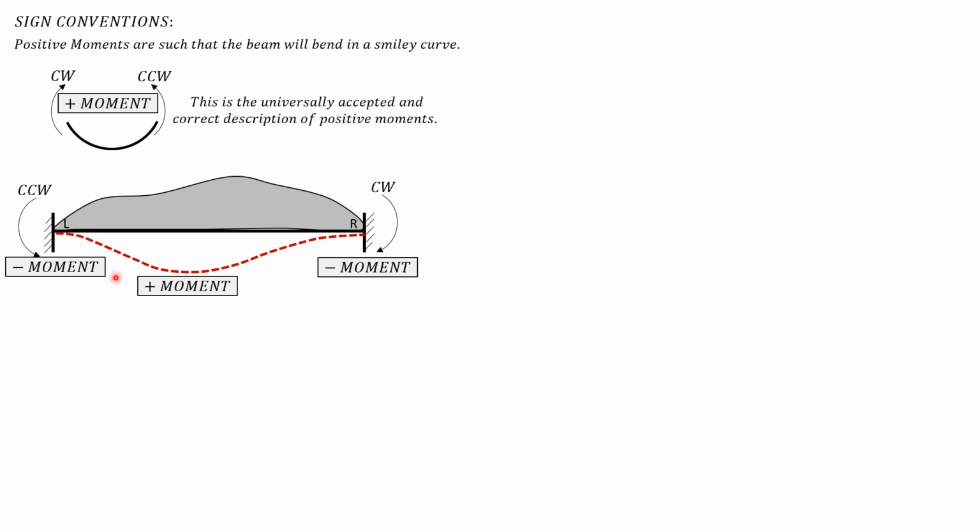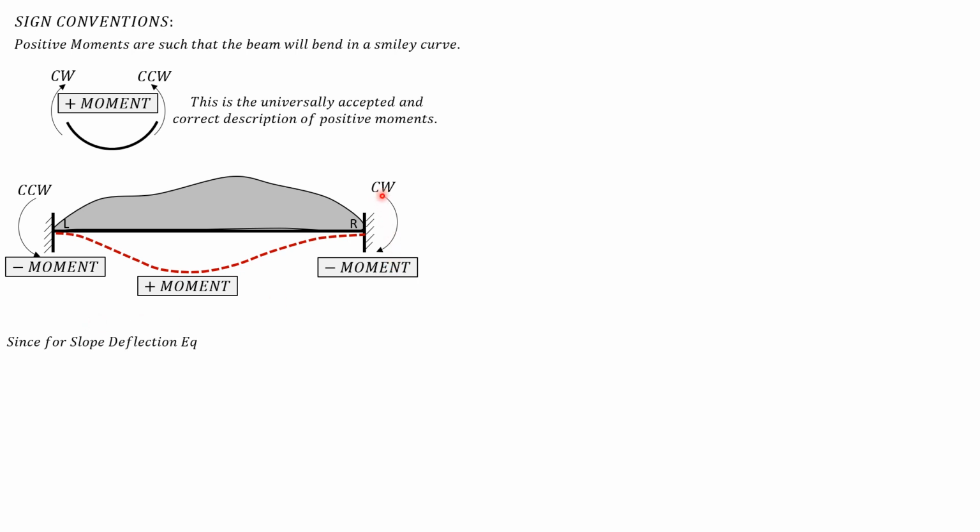Therefore, when we set up moment L, it is 2EI over L times quantity 2 theta L plus theta R minus 3 times delta over L. Remember the slope deflection equations. Then plus fixed end moment left. This fixed end moment left is negative. The sign should be negative because it is expected counterclockwise.